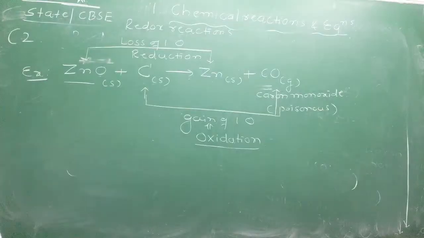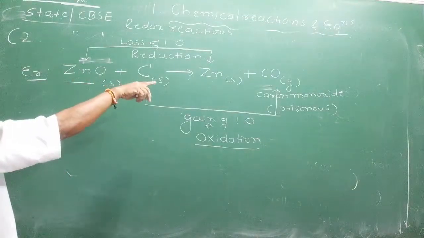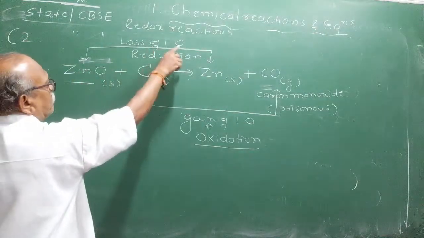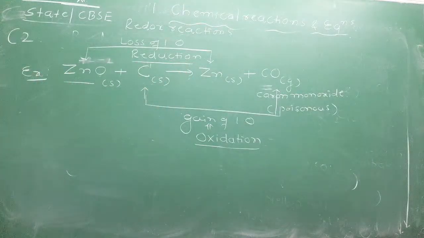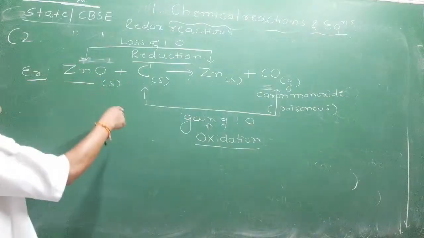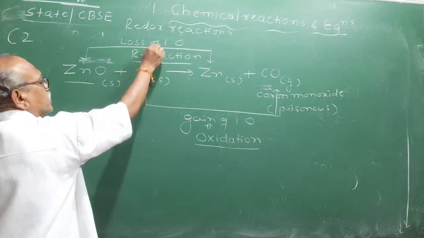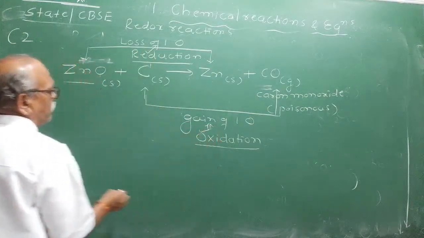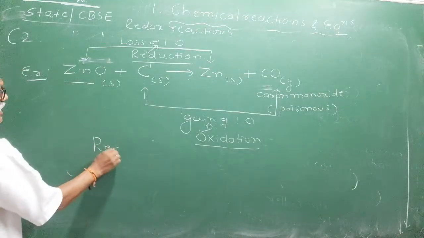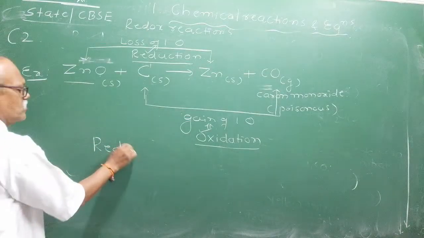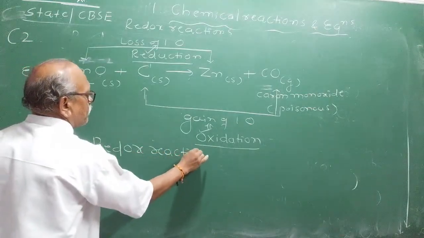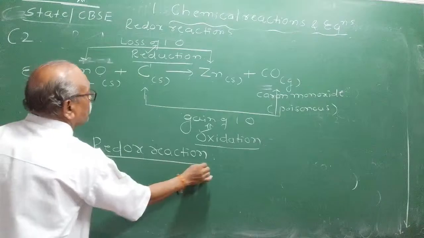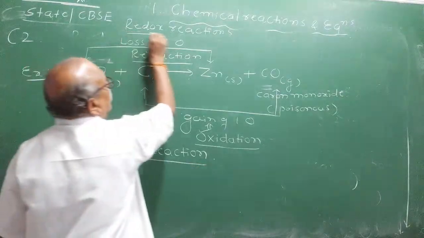If it loses oxygen, it is called reduction. Carefully remember, never confuse. In this reaction, both reduction as well as oxidation are taking place. Such a reaction is called a redox reaction: red for reduction, ox for oxidation. I hope you understood the meaning of redox reaction.